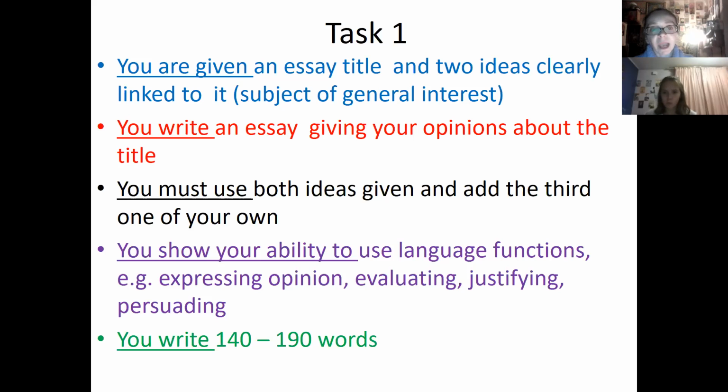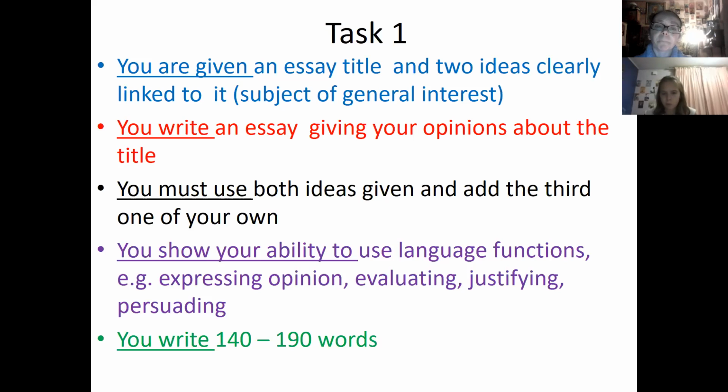And what you should show is that you can use language functions such as evaluating, justifying, making arguments, persuading, and expressing your opinion.